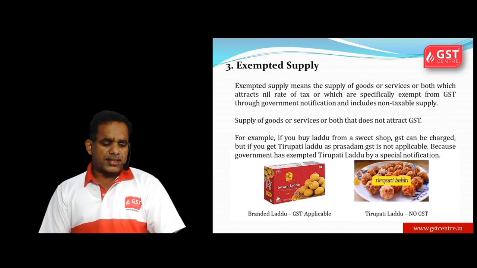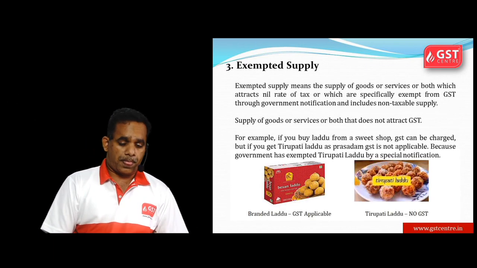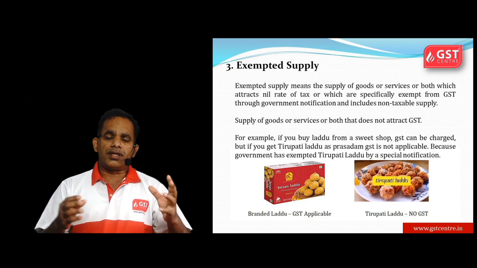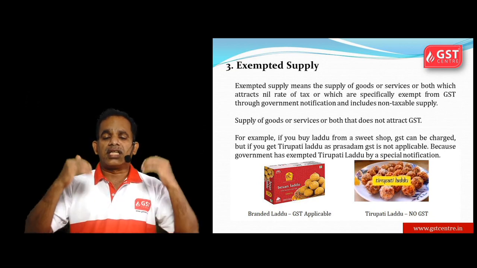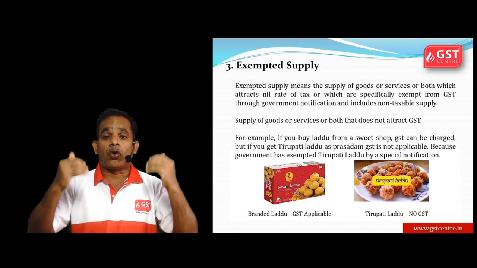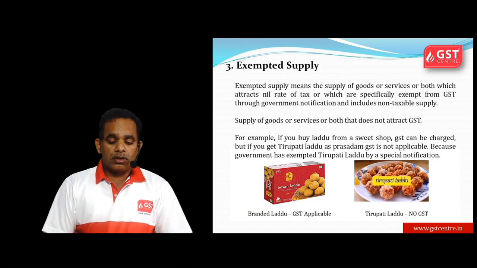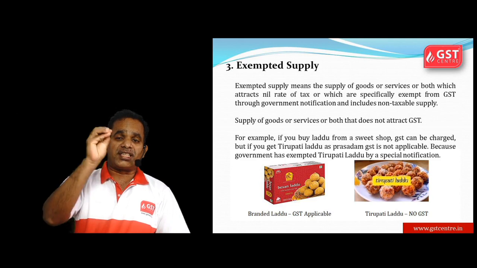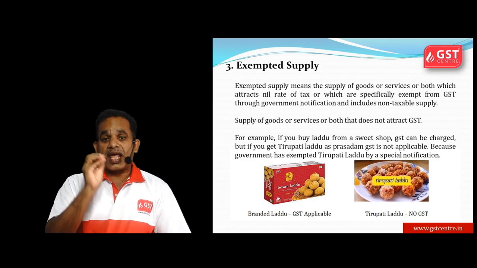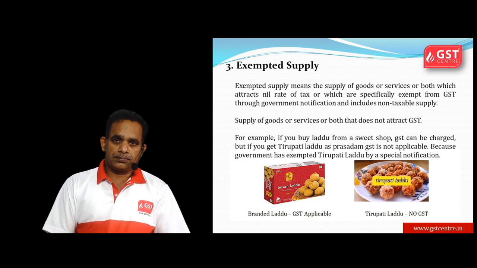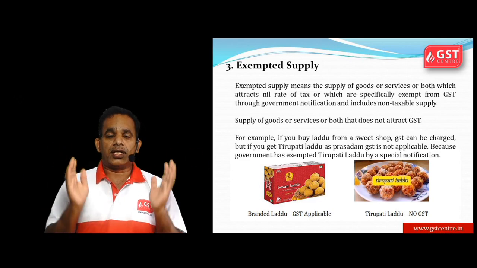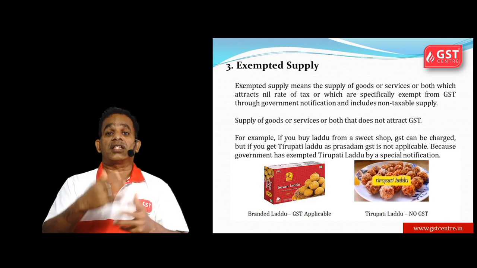Then the next category is exempted supply. Exempted supply means the government has given an exemption through a notification. For example, the laddu supplied in Tirupati temple is exempted. There is no GST on that laddu, as it is given as prasadam.